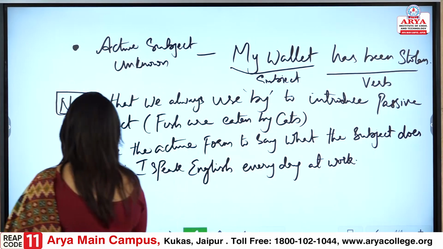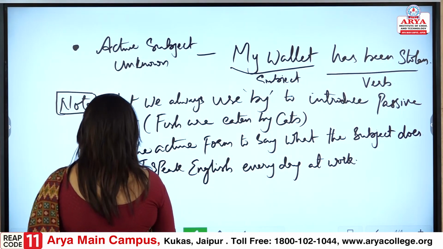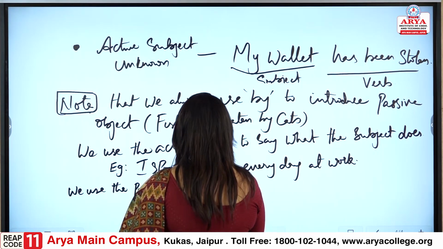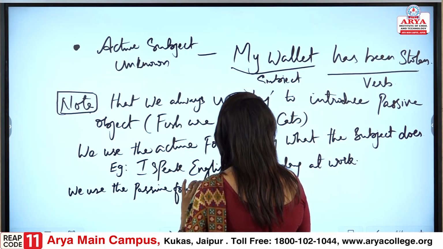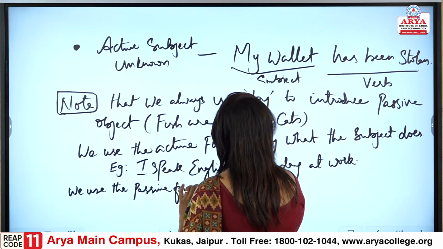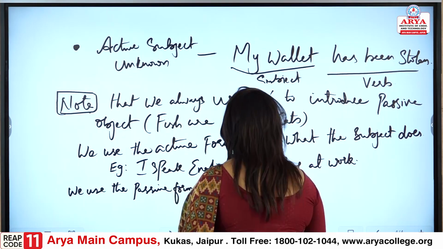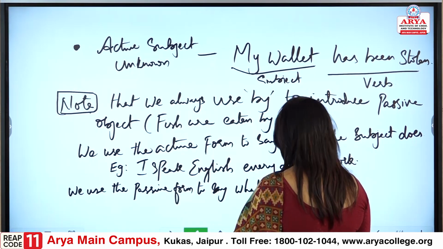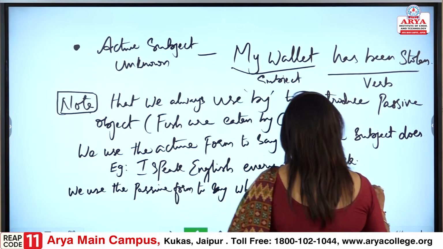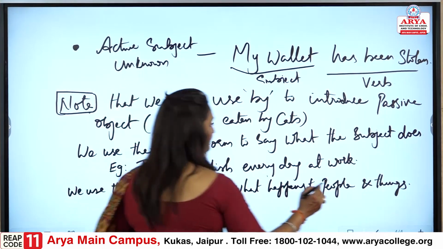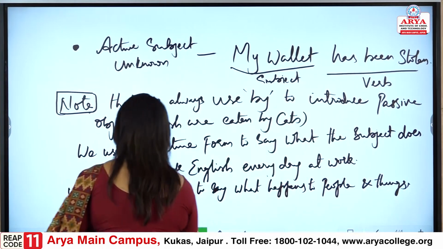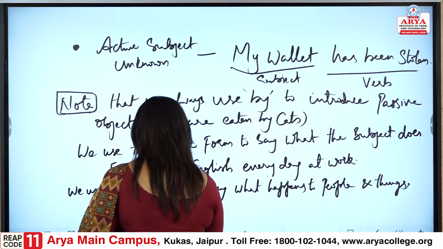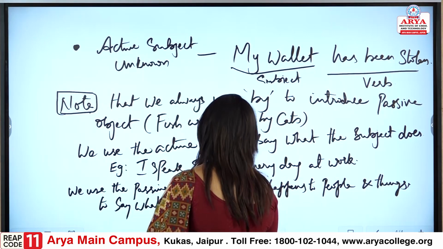We use the passive form to say what happens to people and things, to say what is done to them.